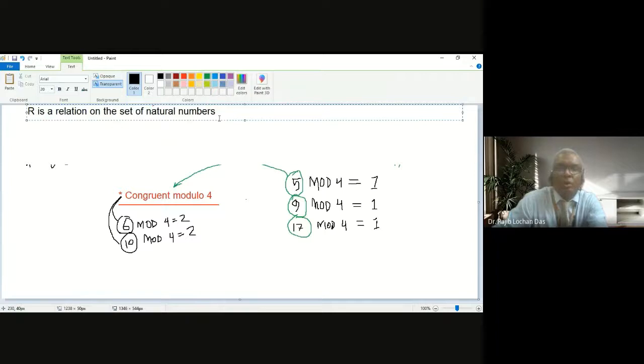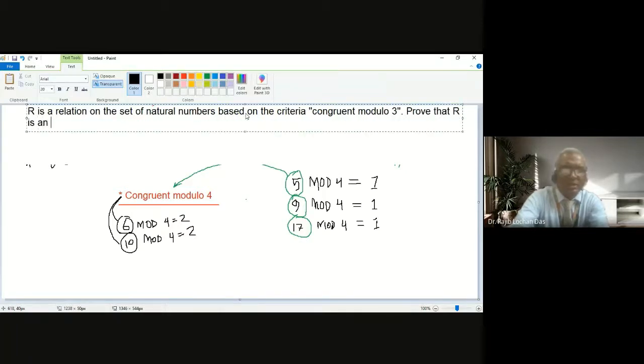Negative numbers we are not taking. That means all whole numbers and positive, based on the criteria congruent modulo 3. Prove that R is an equivalence relation. This is the question.